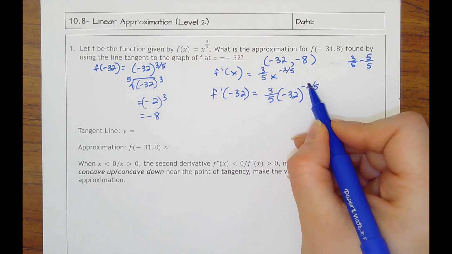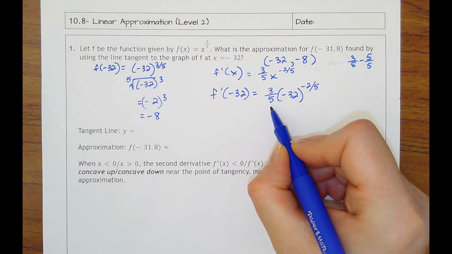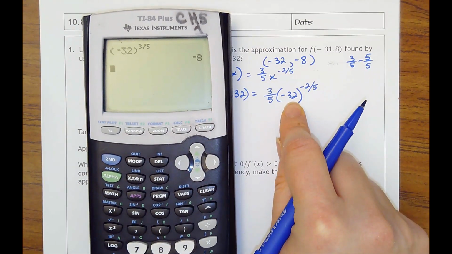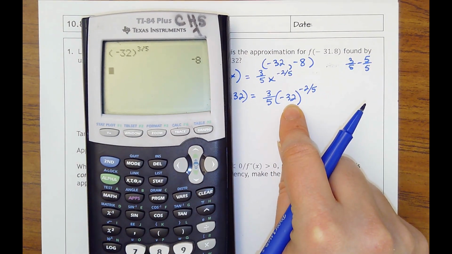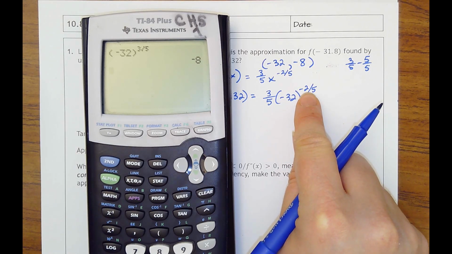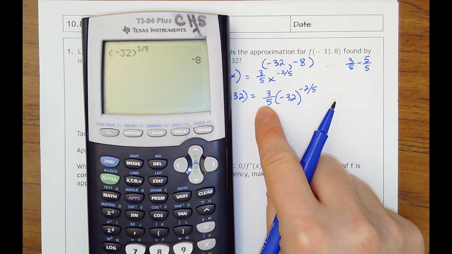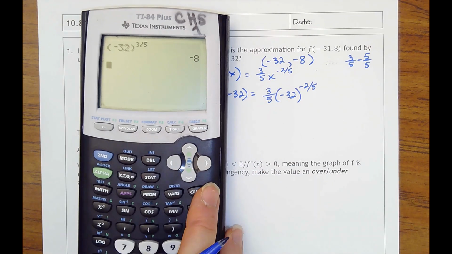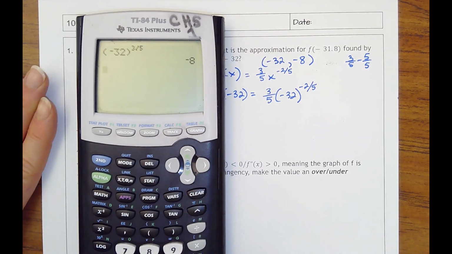So what's really happening here, remember, a negative exponent really sinks it to the bottom. It's up to you how you want to do it, but it's taking the 5th root of negative 32 again, which is going to be that negative 2 squared, which is 4, and it's going to get on the bottom. So that should become a 3 over 5 times 4, which is a 3/20. But let's check real quick.